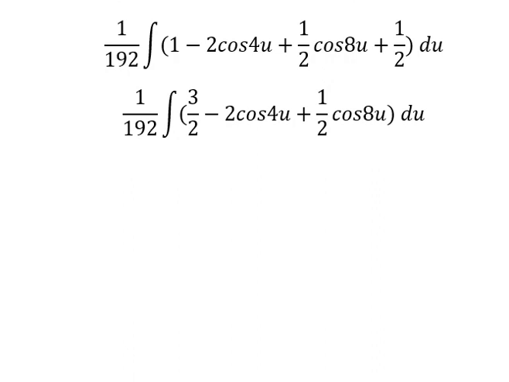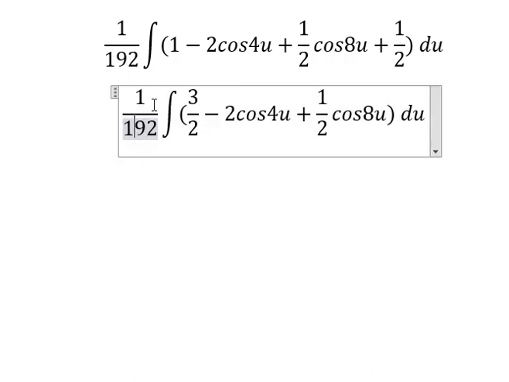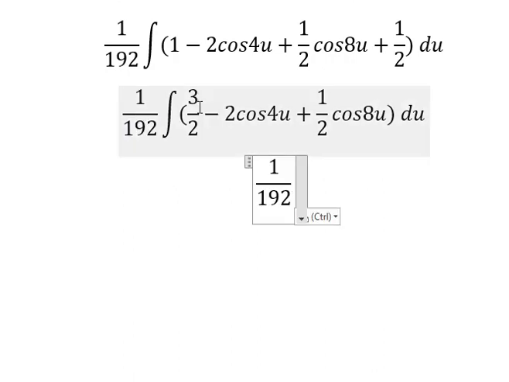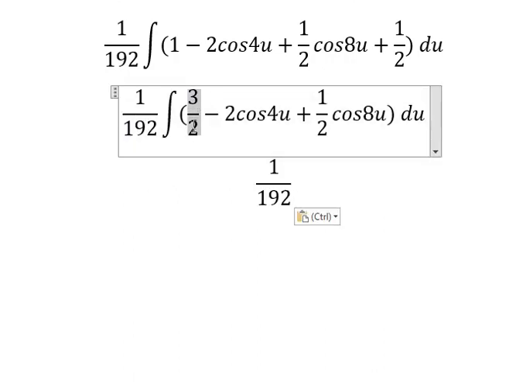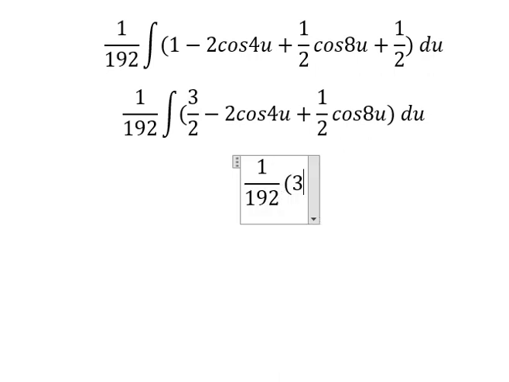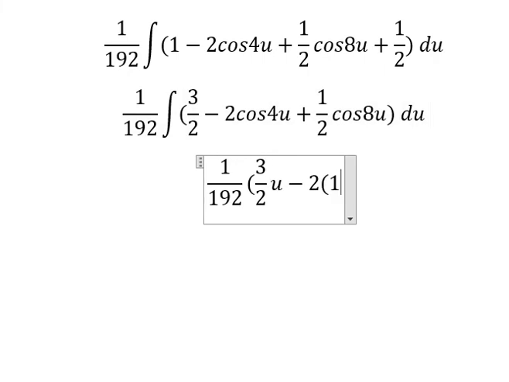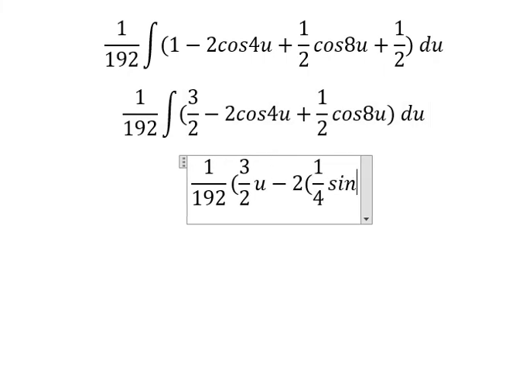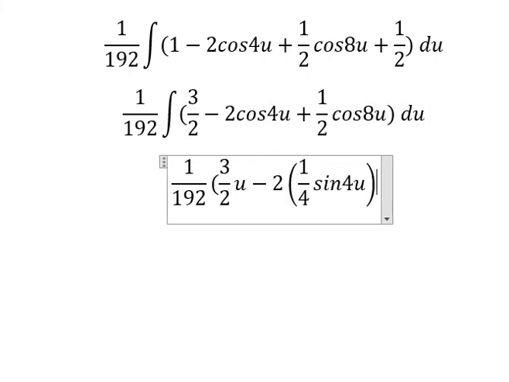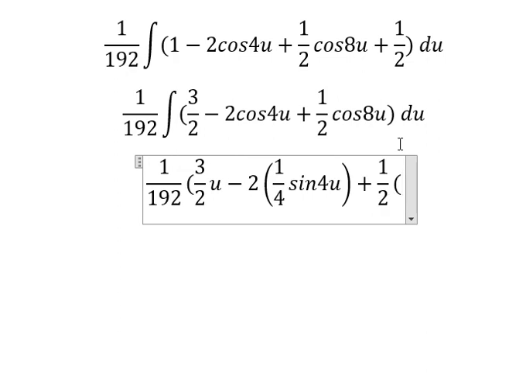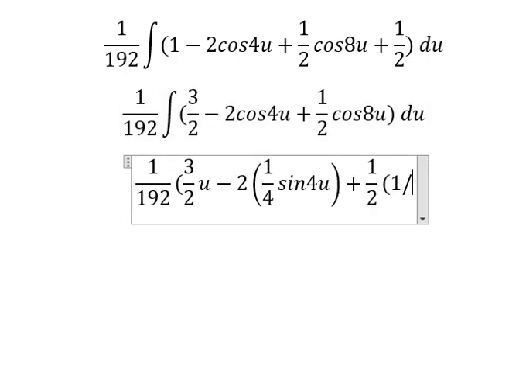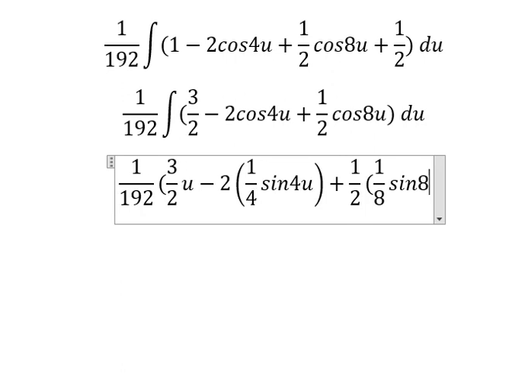And now we have the final answer. The integration of 3 over 2, we have 3 over 2 u. The integration of cosine 4u, we have 1 over 4 sine 4u. The integration of cosine 8u, we have 1 over 8 sine 8u.